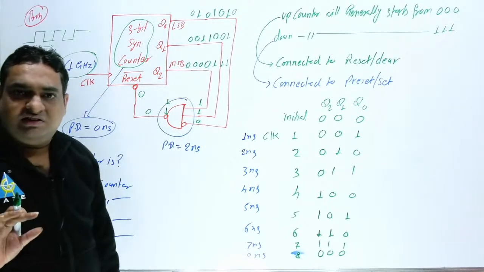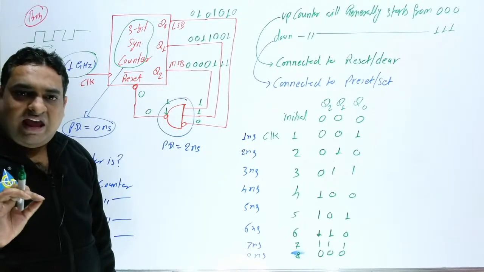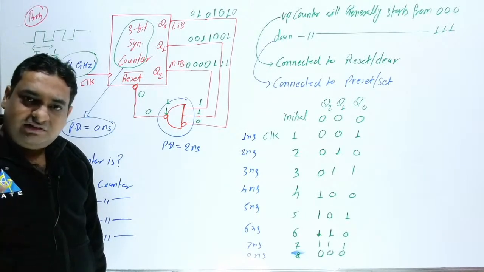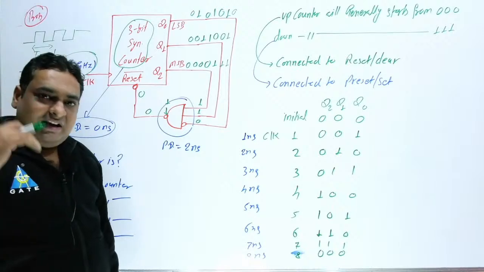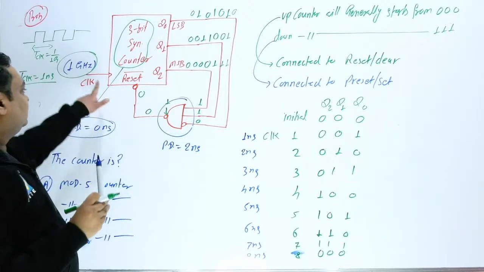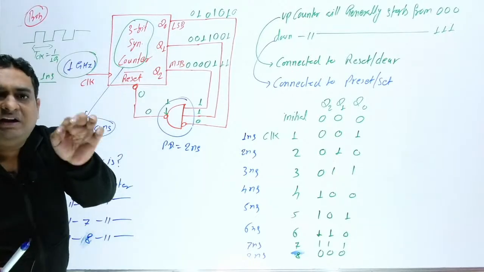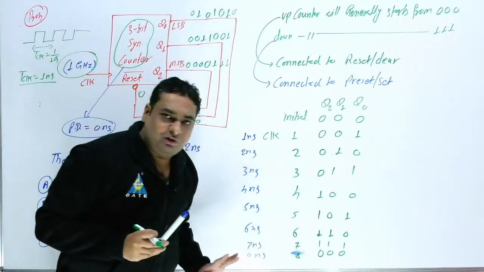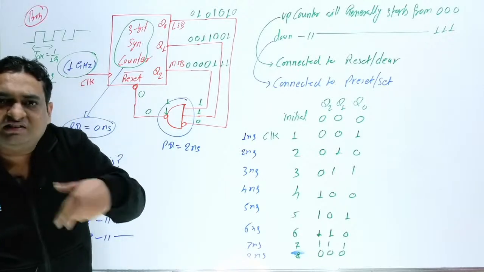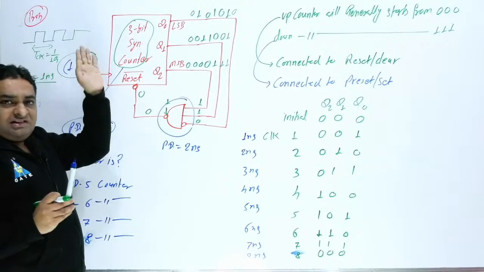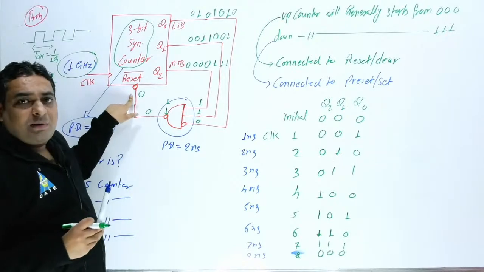Now my question is, at the 8th clock you are getting 0, 0, 0, but are you getting it because of this clock or because of this reset? Anybody can tell me. You can get 0, 0, 0 from two cases: you are applying the clock at the same time as the reset is operating.